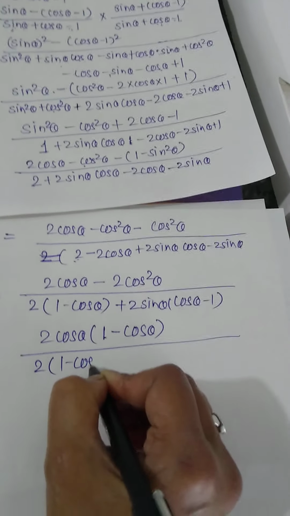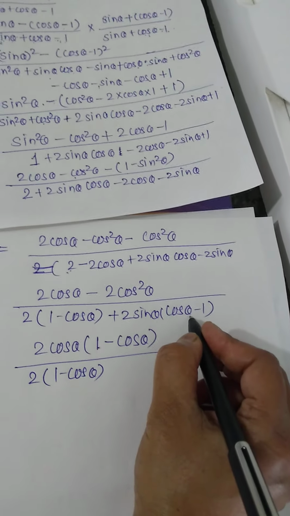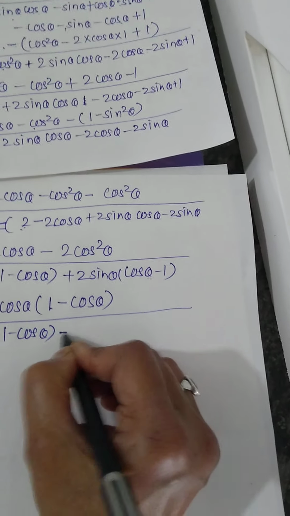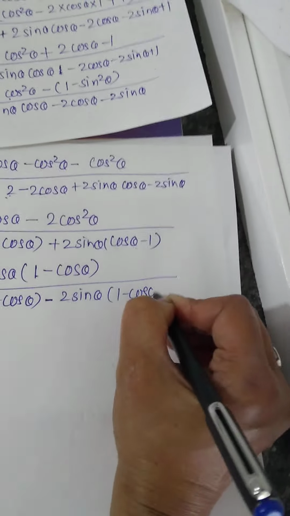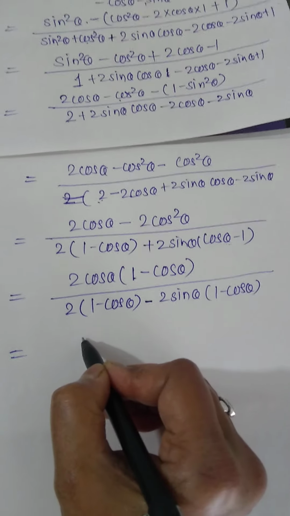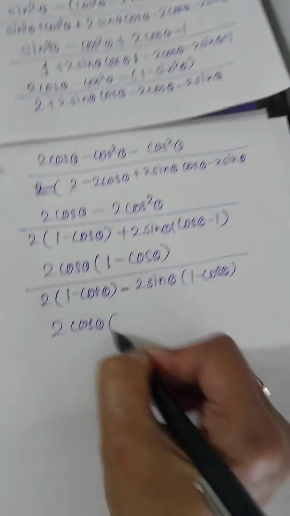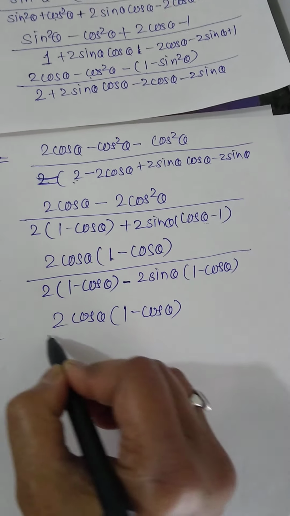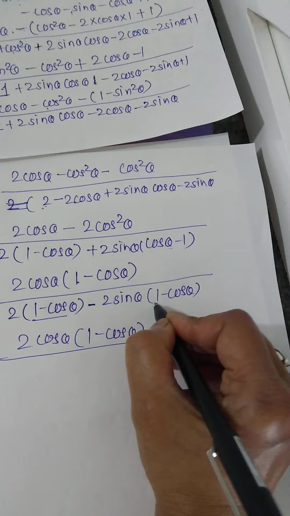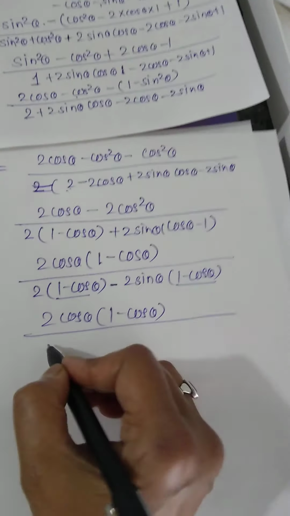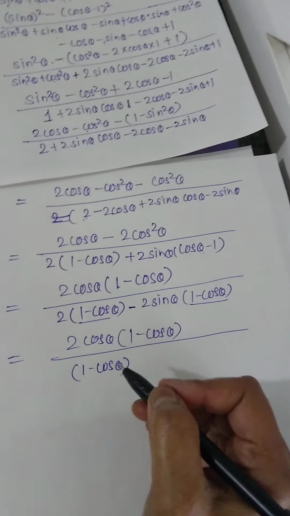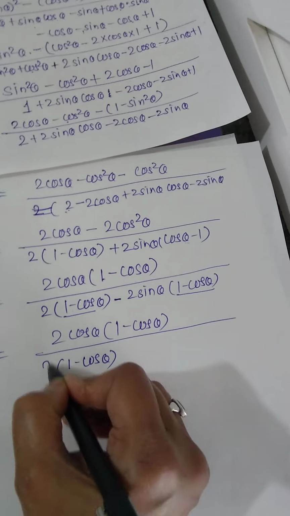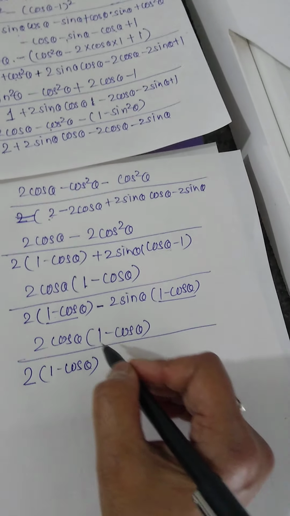Now here we have to convert this term into 1 minus cosθ, so the negative sign we have to take out of this bracket: minus 2 sinθ, 1 minus cosθ. See here, 2 cosθ, 1 minus cosθ, and 1 minus cosθ from both these terms.